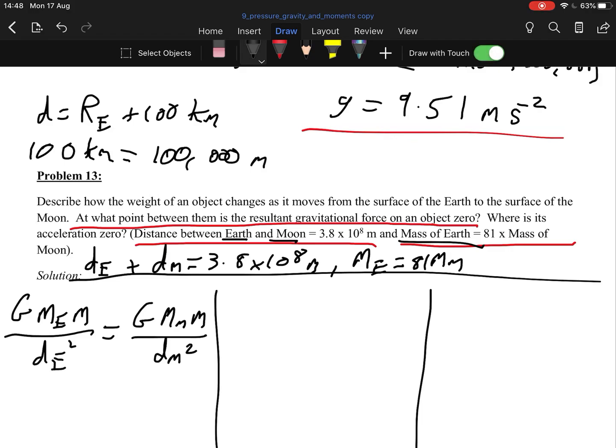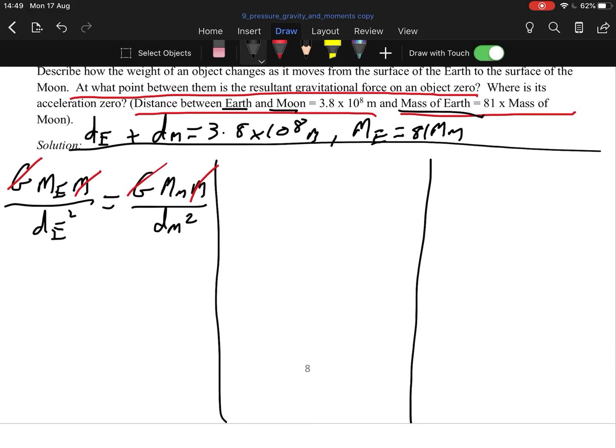Now, everything that's similar on both sides we can get rid of. We cancel off the gravitational constant, and the mass of the second object will knock each other out. So we're left with mass of the Earth over distance of the Earth squared equals mass of the Moon over distance of the Moon squared. If we look over here, mass of the Earth is equal to 81 times mass of the Moon.